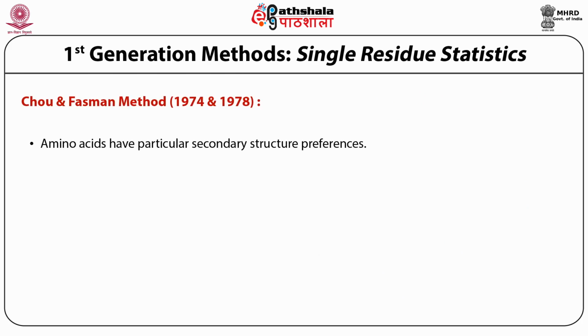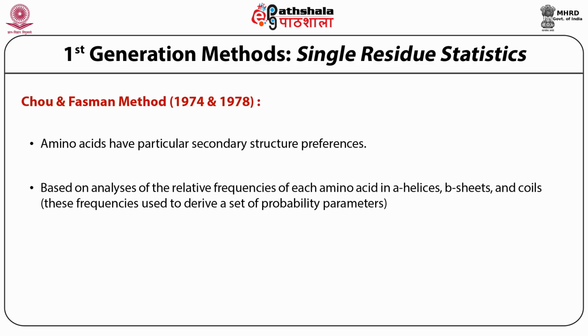The Chou-Fasman method is an empirical technique for the prediction of secondary structure developed in the 1970s by Chou and Fasman. The method is based on the analysis of relative frequencies of each amino acid in alpha helix, beta sheet and turns based on known protein structure solved with X-ray crystallography.